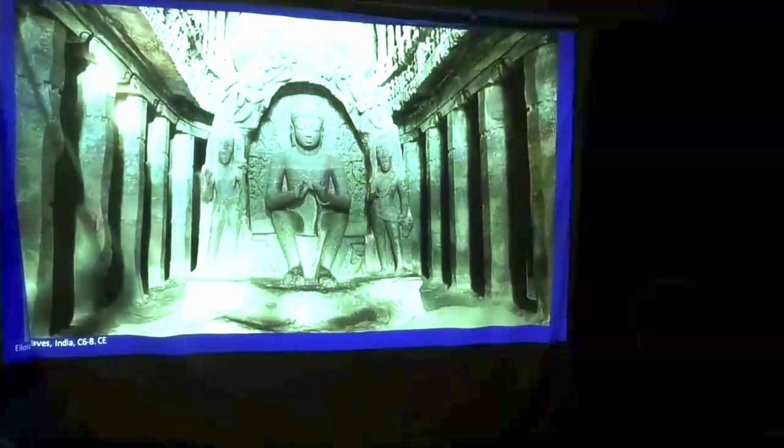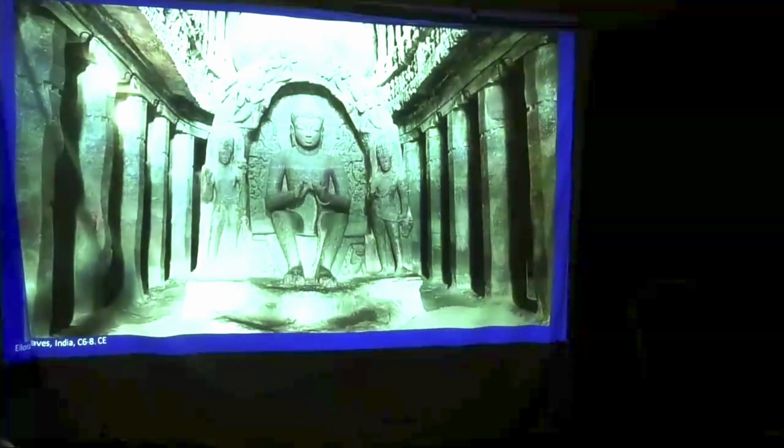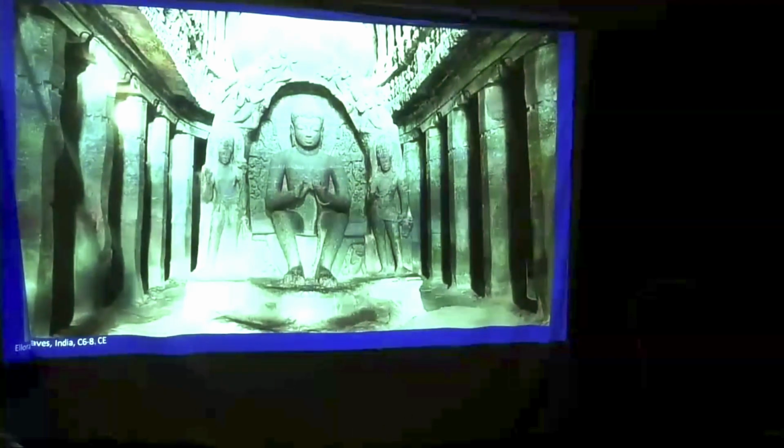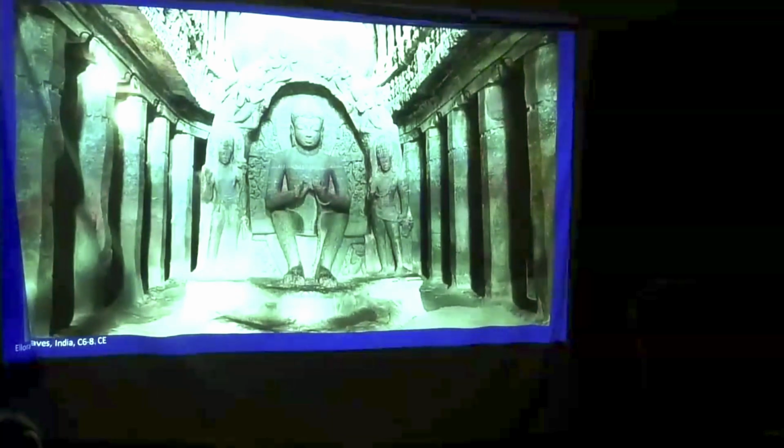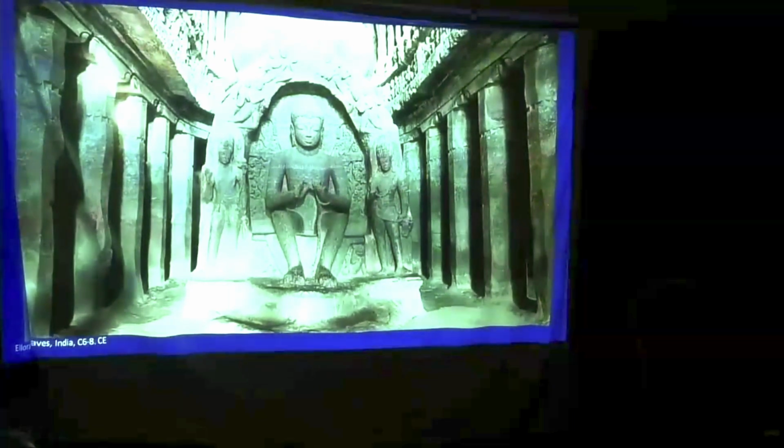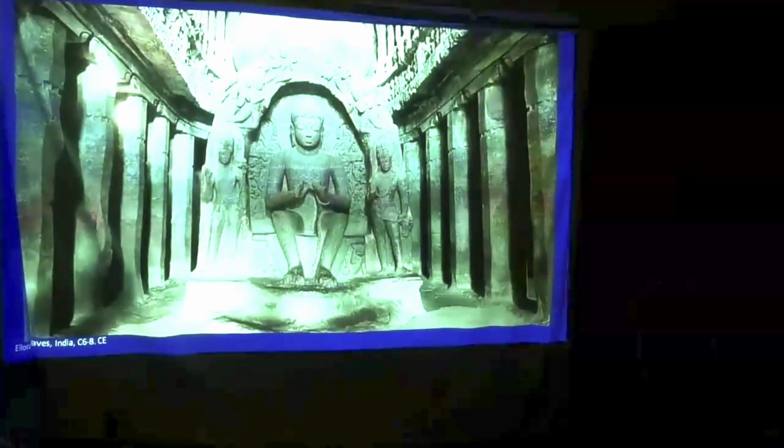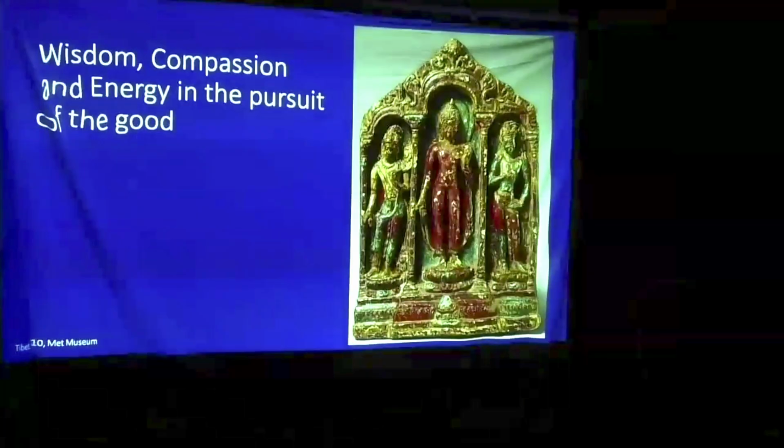These two figures, one of them holds a lotus, symbol of compassion, and one of them holds a diamond thunderbolt, the Vajra, symbol of energy. So this is about the 6th century, let's say.